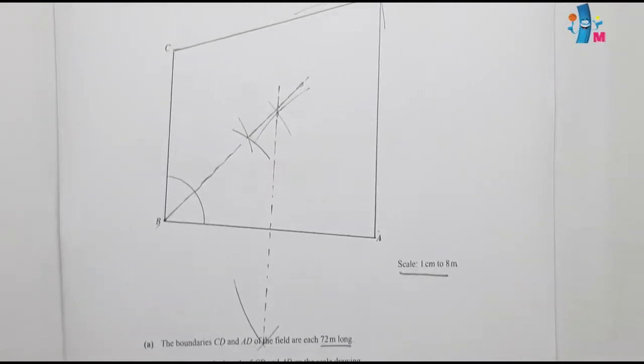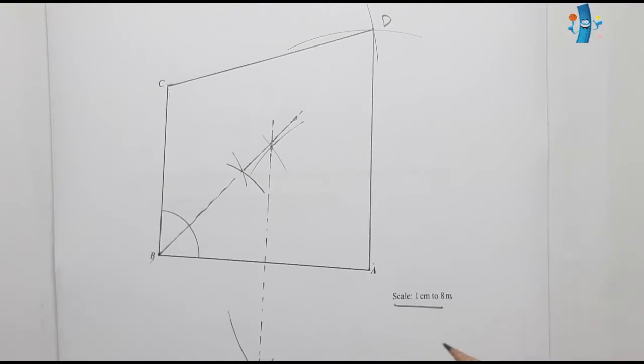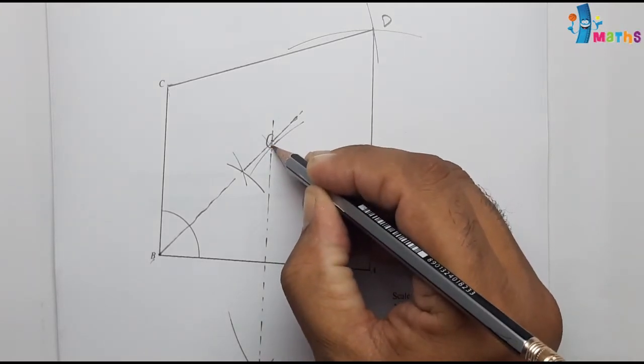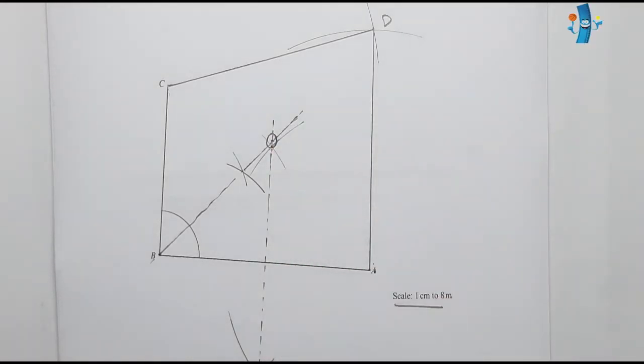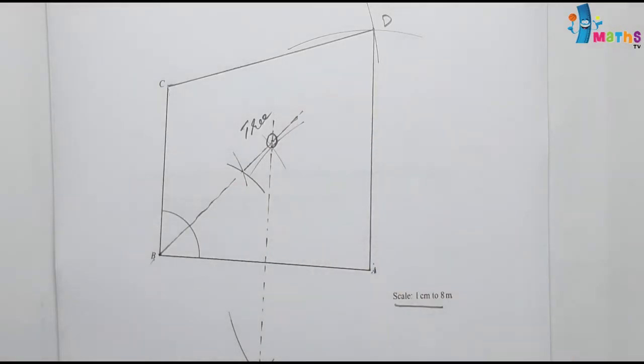So we have left these construction arcs also, and the position of the tree will be over here. This will be the position of the tree. We can mark it like this. We can even write tree over here so that the examiner will come to know.